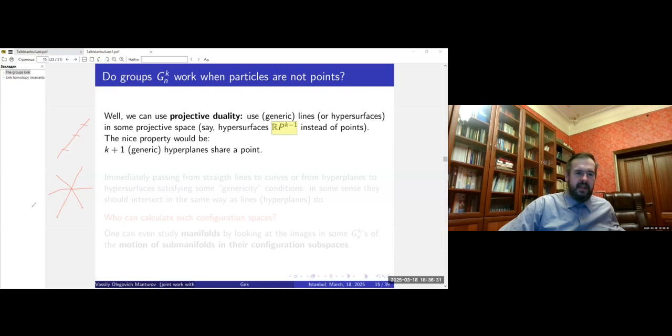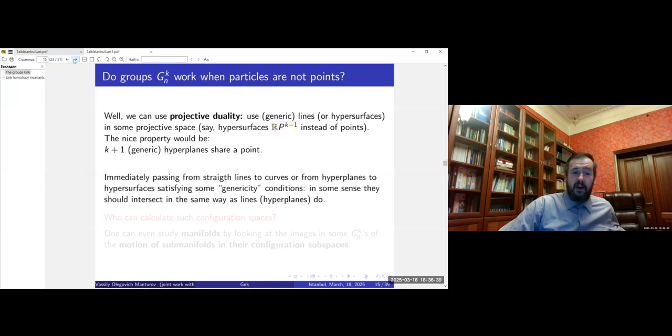You may say, well, there is nothing interesting. This is just a projective duality. And there is no new example. However, instead of considering lines, which are the same as points from the projective duality point of view, we can consider curves, which have the same genericity condition, so which behave in some sense like lines.